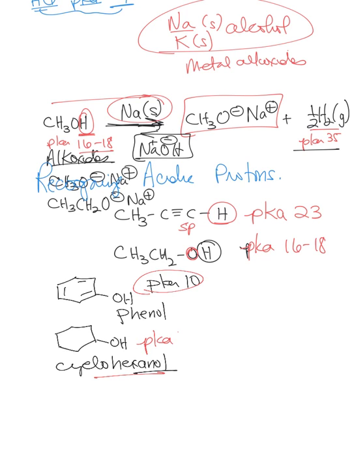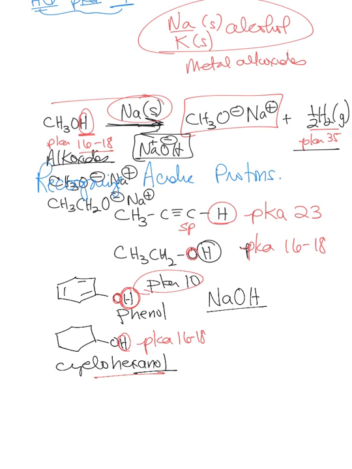It has a pKa of about 16 to 18. So what happens here is if you throw in something like sodium hydroxide, which is a strong base, and you do your acid-base chemistry, you have to find your acidic proton. There's your acidic proton, connected to the oxygen. In this case, this would be your most acidic proton.